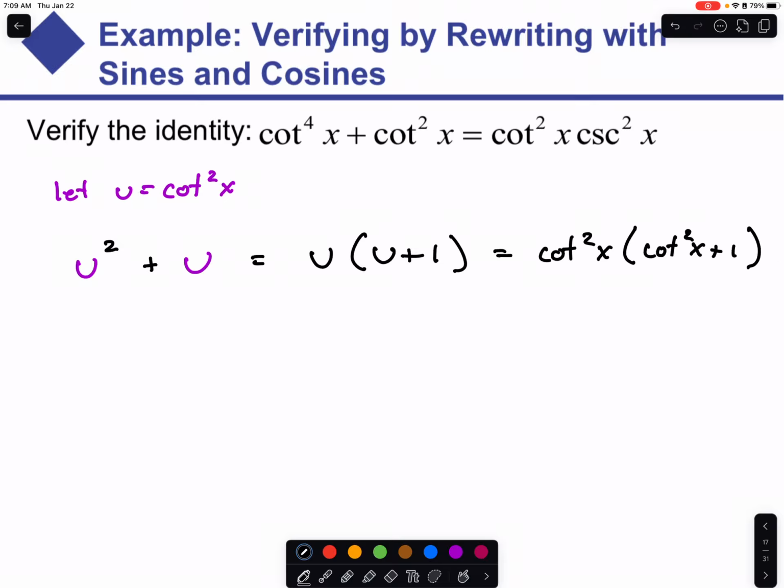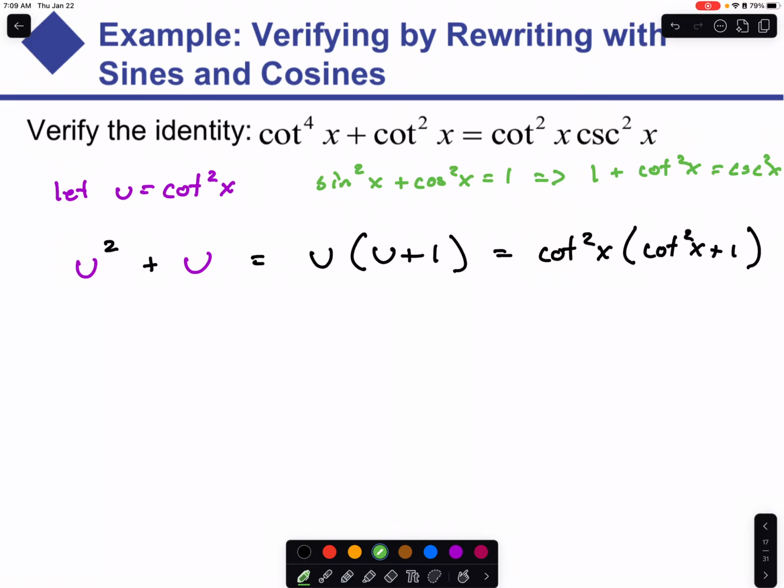I think that's from the trig identity, right? If we have sine squared x plus cosine squared x equals 1, then if we want it in terms of cotan, we divide by sine. If we divide all terms by sine squared, we'll get 1 plus cotan squared x equals cosecant squared x, right?